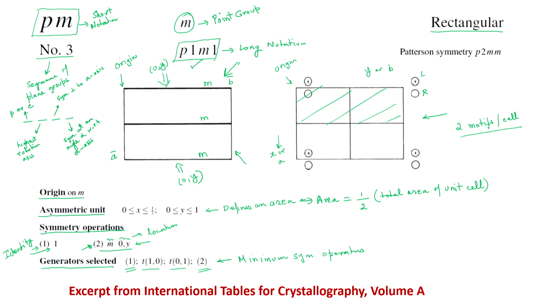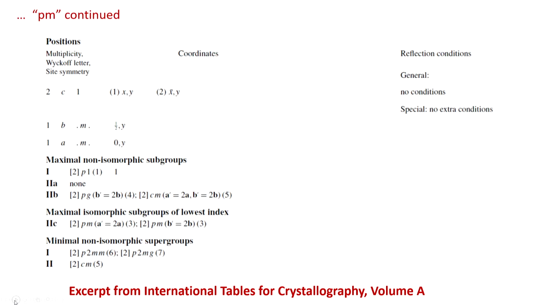Now, this is just one part of the table. This is in fact one half of that page of the table. The second half looks something like this, till the plane group P M. This is rather an interesting and an important part of the table. It talks about something called multiplicity, Wyckoff letter, site symmetry, and below that is the table.